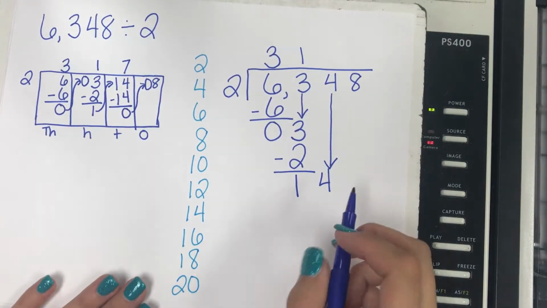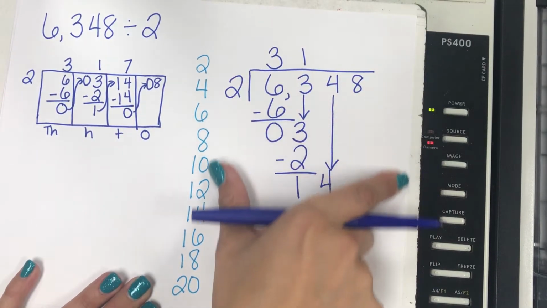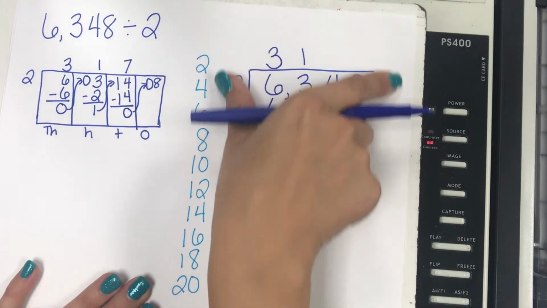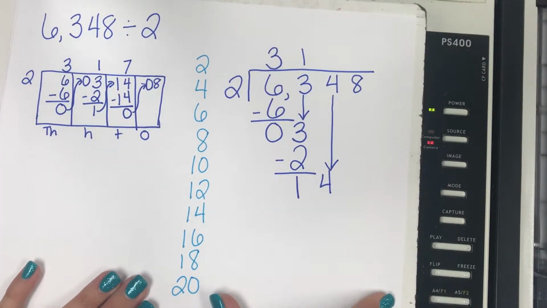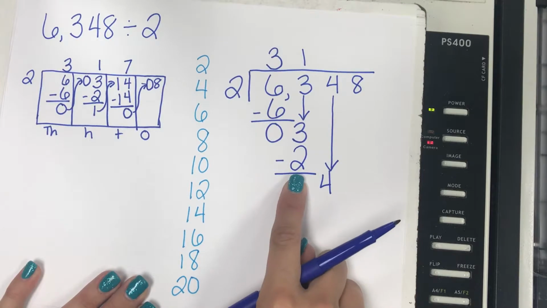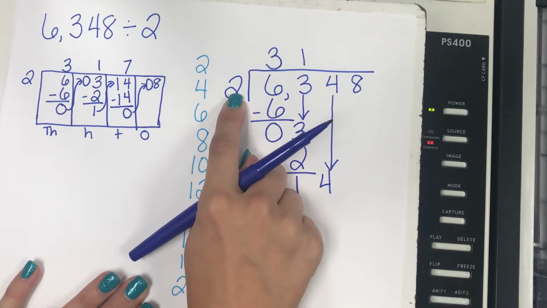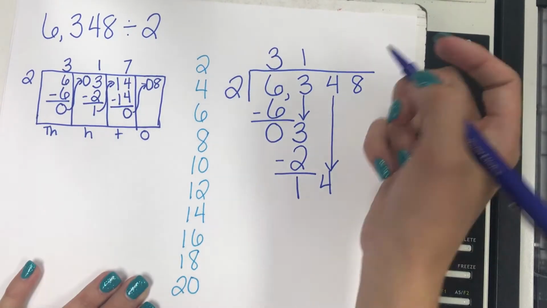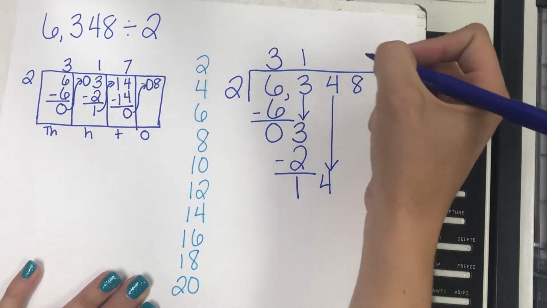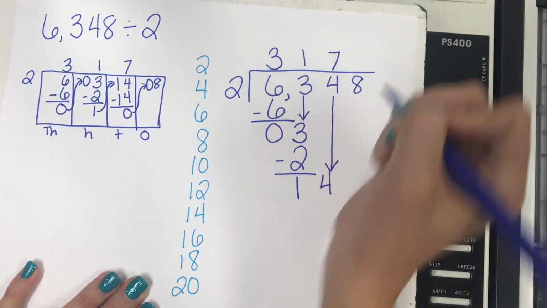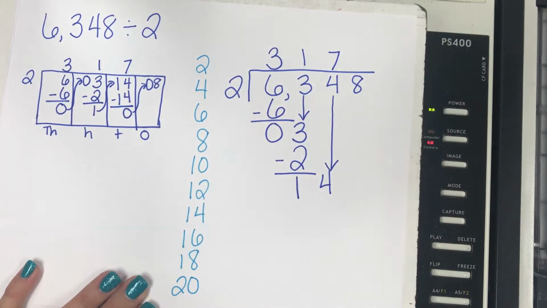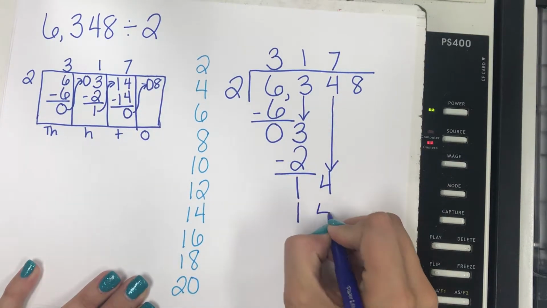8. So I'm going to step back over to my long division with the standard algorithm. If I have 14 divided by 2, how many does each group get? 7. 7 times 2 is? 14.